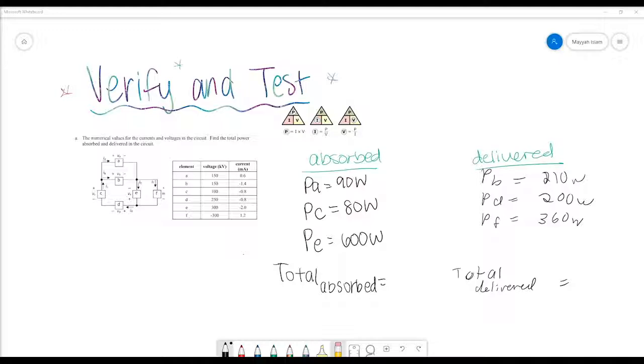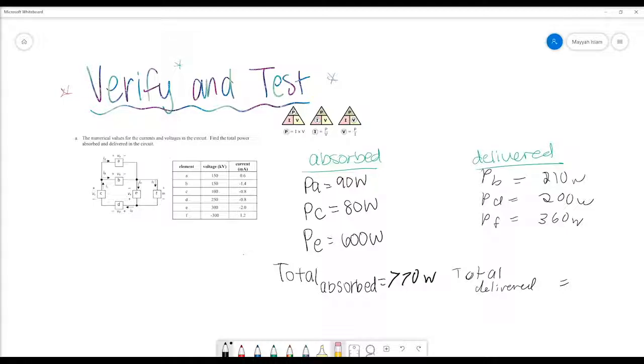All right, so right now we have our absorbed values, which are going to be PA, PC, and PE, and we have our power delivered values, which are going to be PB, PD, and PF. We don't have to write the delivered values as negatives anymore because we're just checking the total power absorbed and total power delivered. When you add the absorbed values together, you get 770 watts.